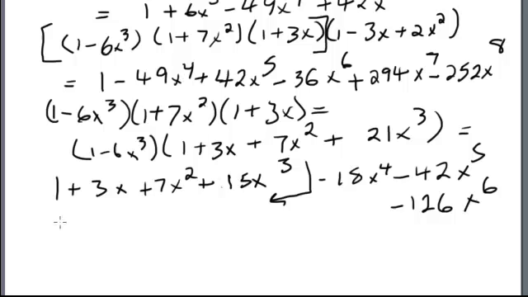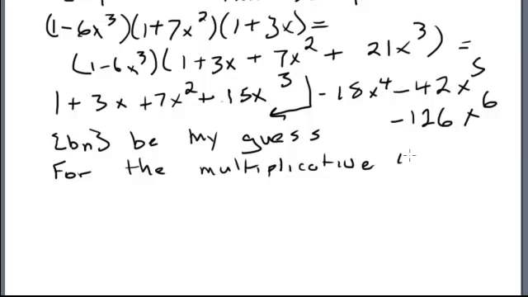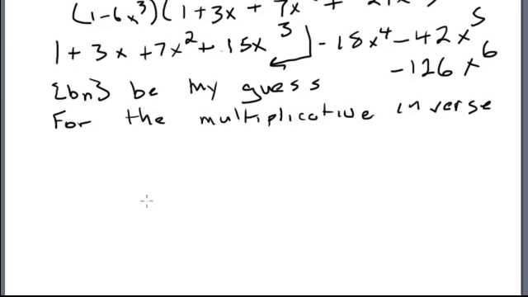So we can go ahead and let Bn be my guess for the multiplicative inverse. Since we know these are static, they are going to be in the multiplicative inverse.